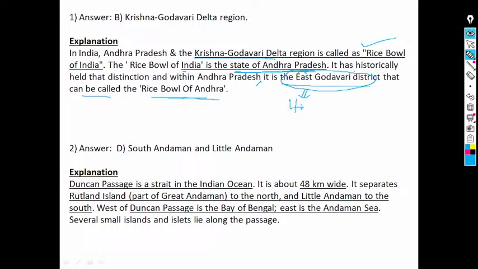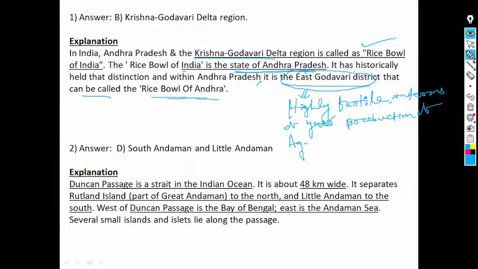This is highly fertile in terms of production of agricultural items.